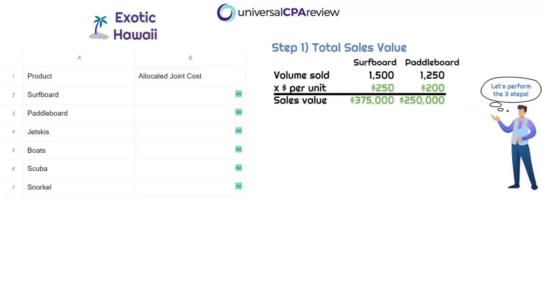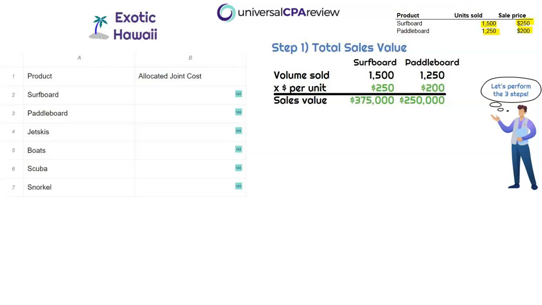So our first step is going to be to calculate the total sales value between these 2 products. Now, they could give us the total sales for each product, and we just add them together. In this case, we are going to need to calculate sales by taking units sold times the sale price. So as you can see in step 1 for surfboard, well, we would take 1,500 units times $250.